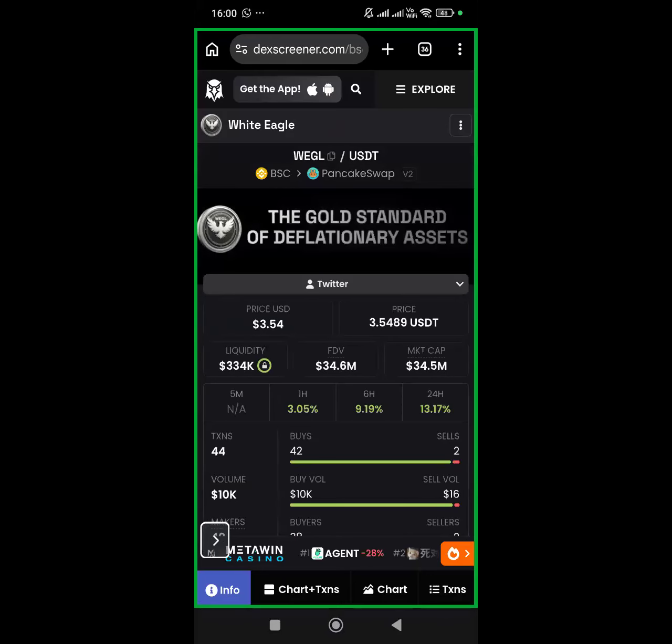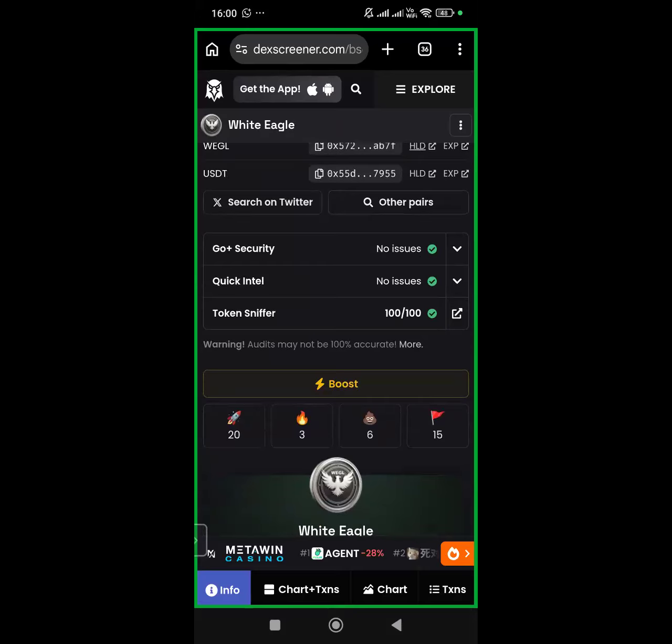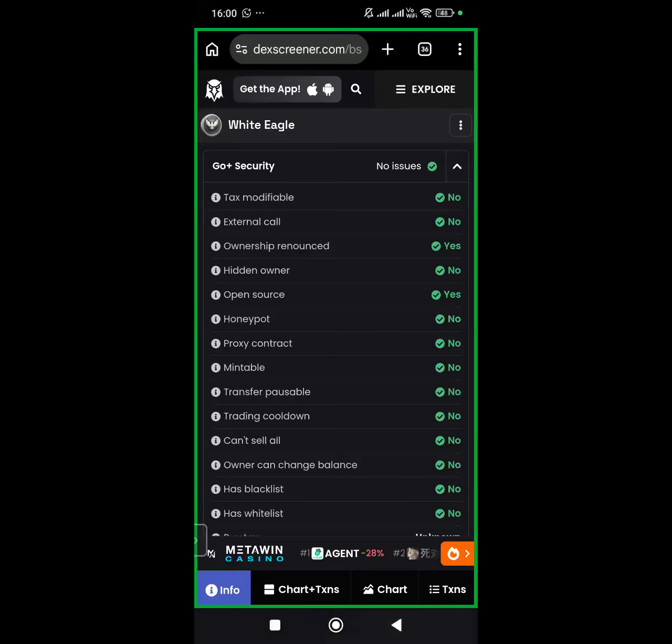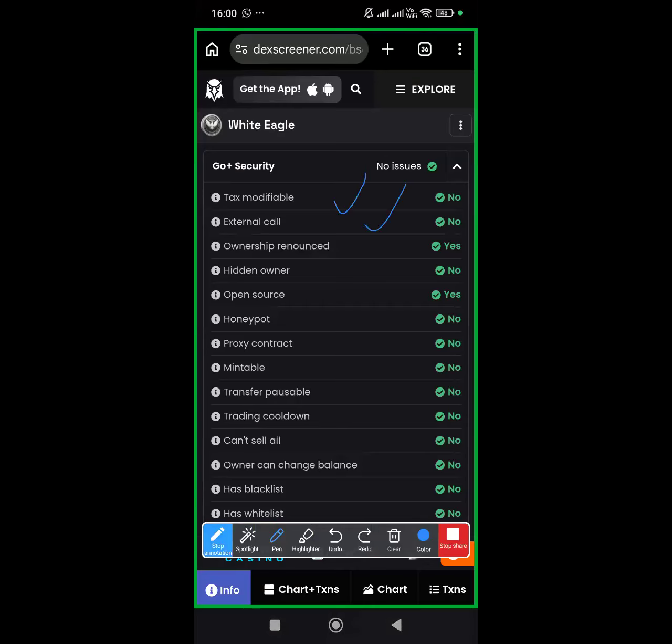Okay, so now let's check the security, internal codes, and token verification. I go to security. You can see: any text modifiable? No. Any external call? Is there any source that owner can drain liquidity?